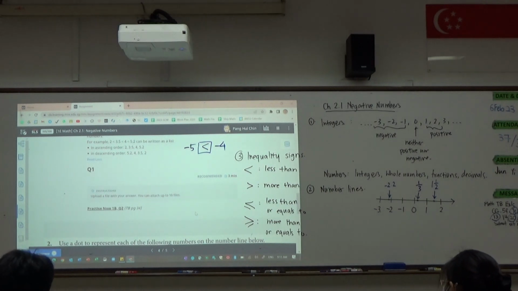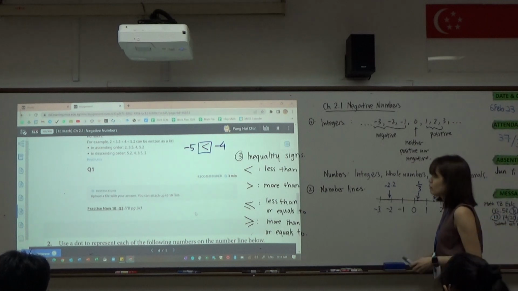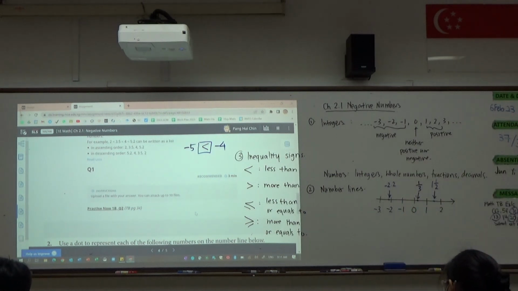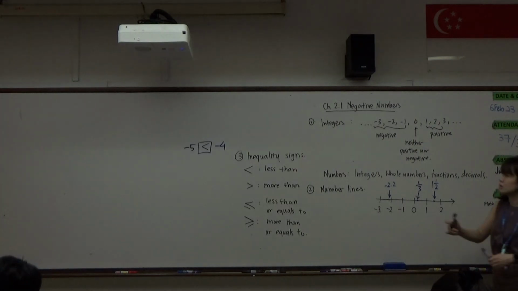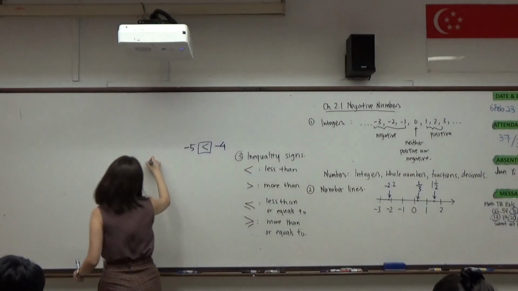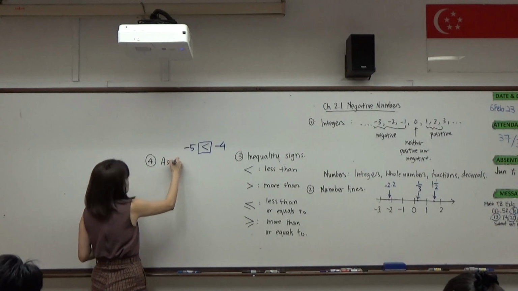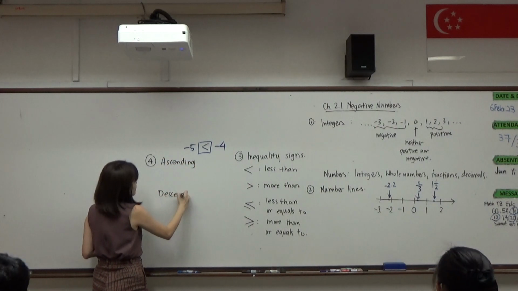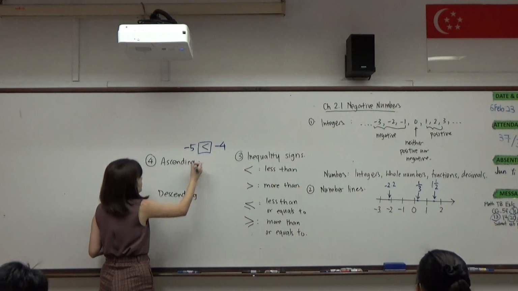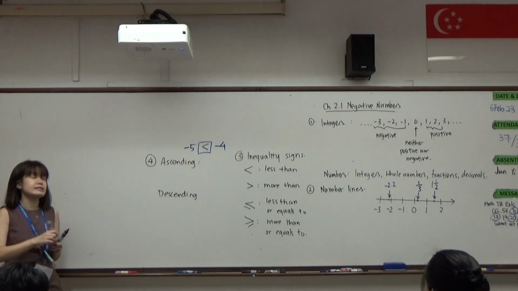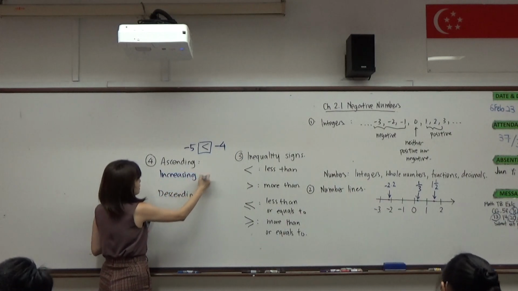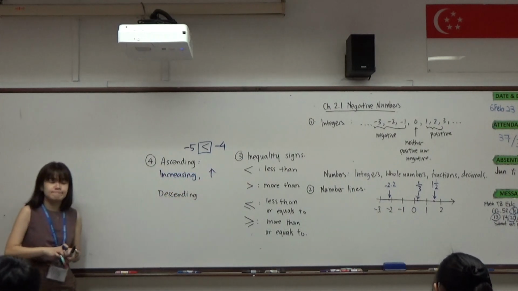Okay, next one. Just some terms that I hope that we clarify. Regarding the words ascending and descending. What does ascending mean? Ascending means increasing, going up, greater. Right?